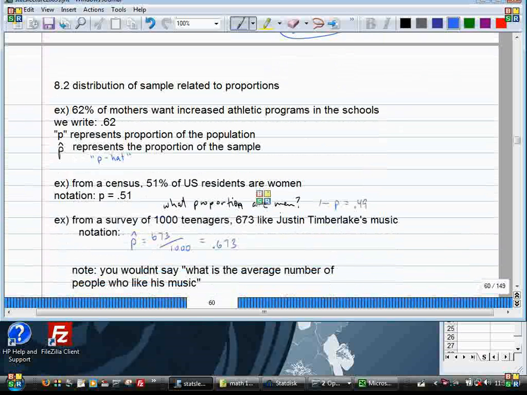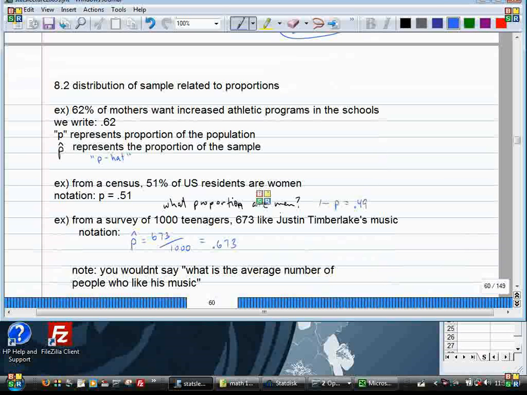You wouldn't say, what is the average number of people who like his music? What does that mean? It doesn't make any sense. It only makes sense to say how many out of a certain number.